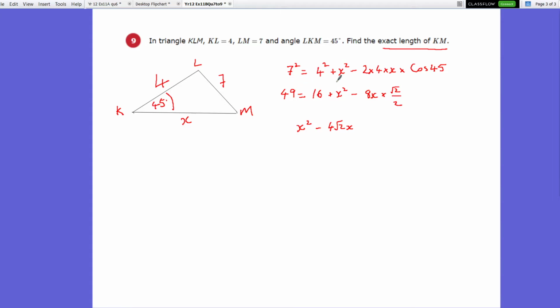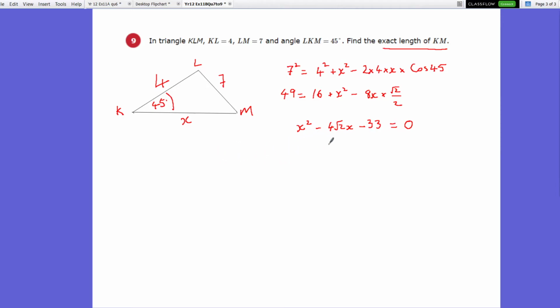So let's just recap that to make sure we've done it accurately. We've got the x squared there. We've got minus 8x, which halved is minus 4. Minus 4 times root 2 is minus 4 root 2, multiplied by x, and 16 take away 49 comes to minus 33.